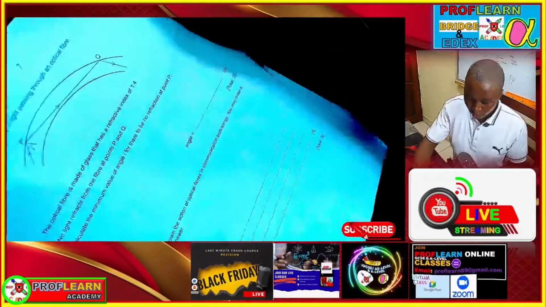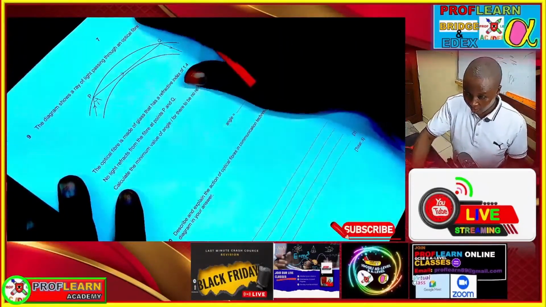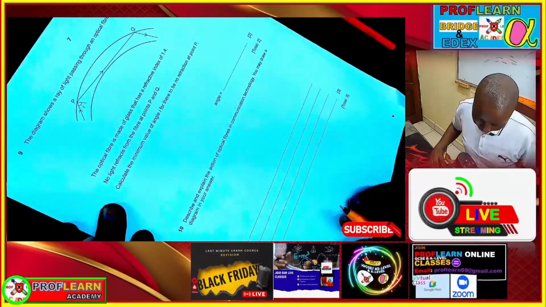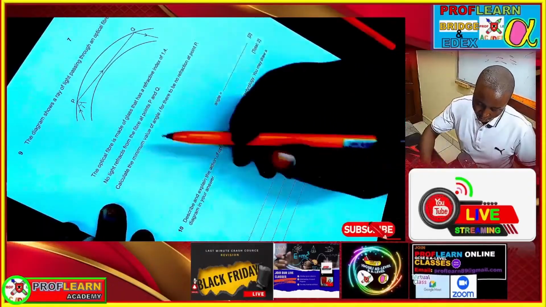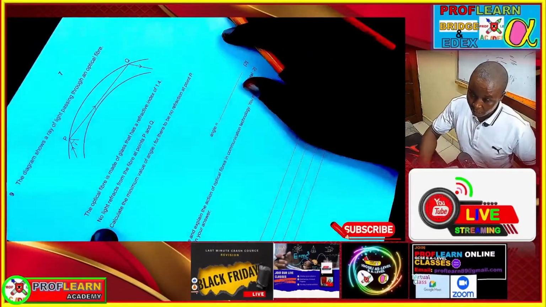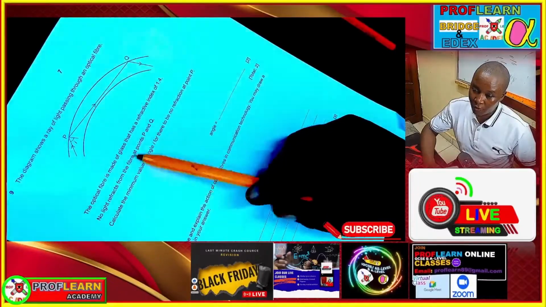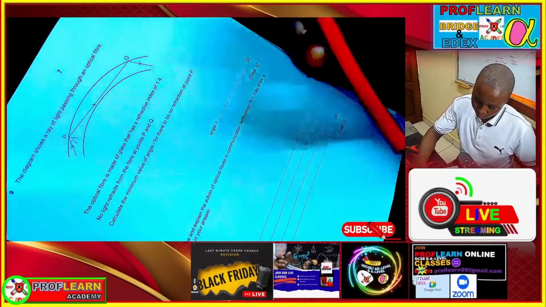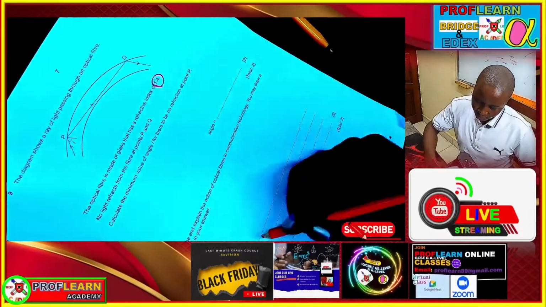Moving to question number 9, also a question that is commonly asked, and here we are told that the diagram shows a ray of light passing through an optical fiber, whereby we are told that the optical fiber is made of glass that has a refractive index of 1.4. So we are given the refractive index.